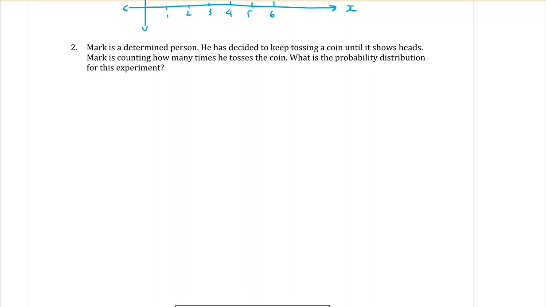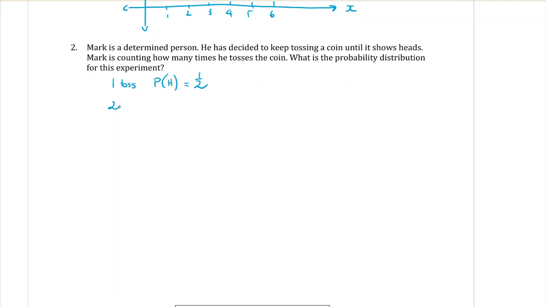So let's start with just one toss. Let's get an idea of what's going on here. If he tosses the coin once, we are interested in the number of heads, right? So the probability that he gets one head on that first toss is a half. Got a 50-50 chance.